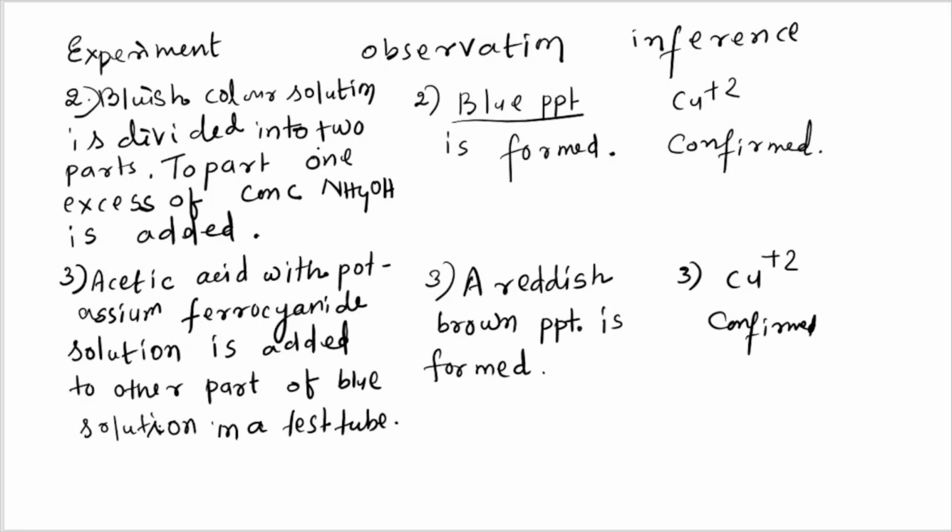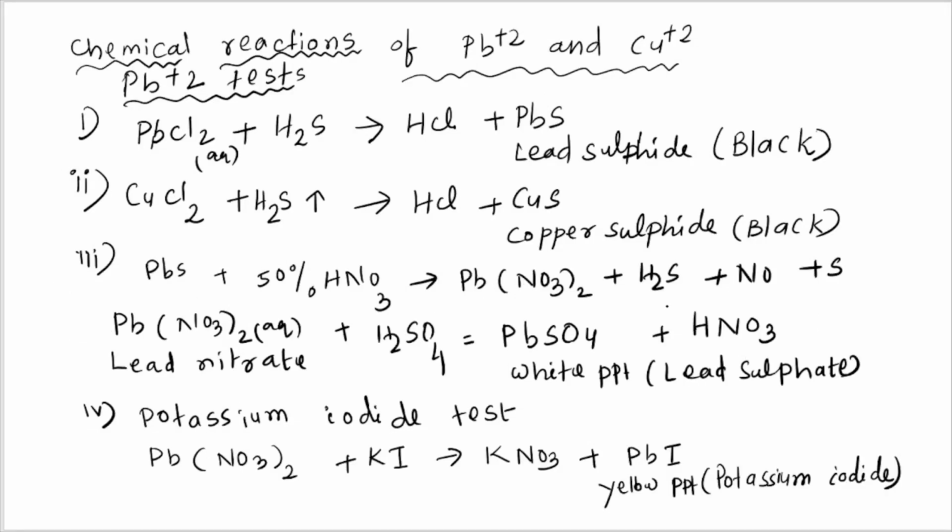To one part ammonium hydroxide gives a bluish precipitate, and to the second, acetic acid and potassium ferrocyanide. This potassium ferrocyanide is responsible for the reddish brown precipitate, which indicates copper +2. So these are three important tests where you confirm the cation.